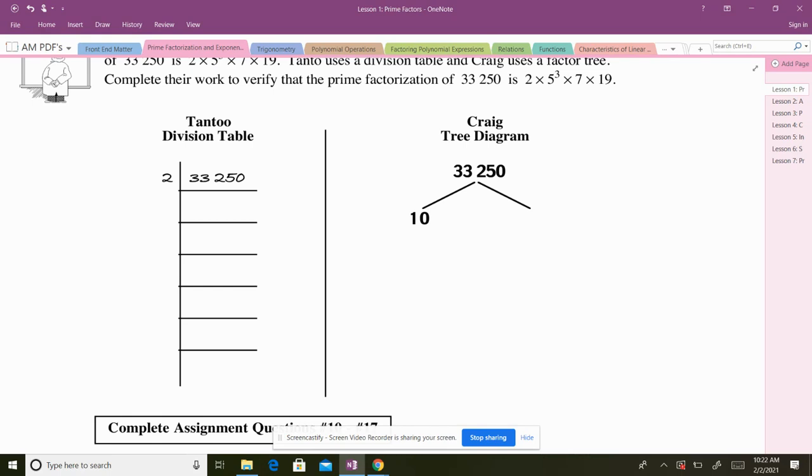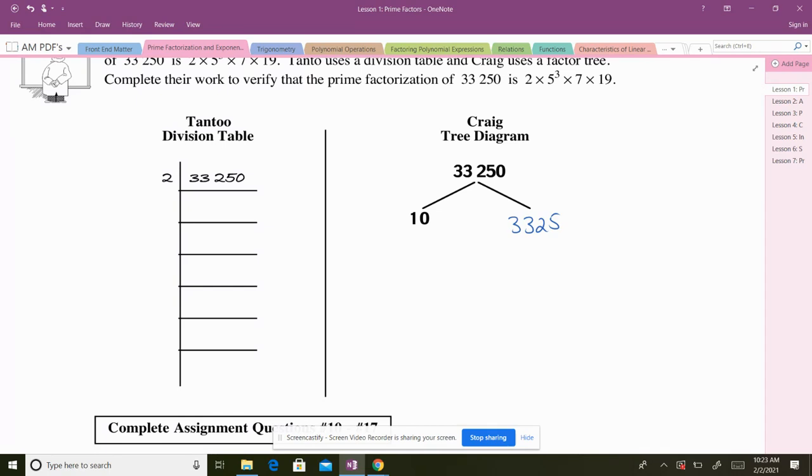3,325. Okay. Can 10 be broken down anymore?